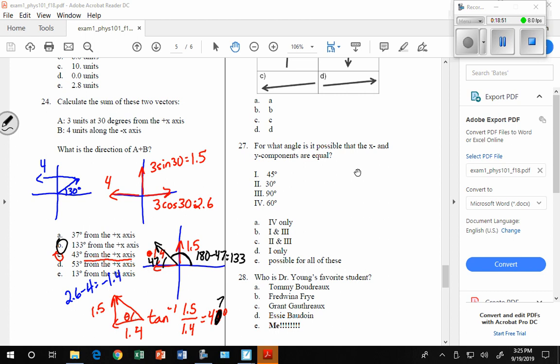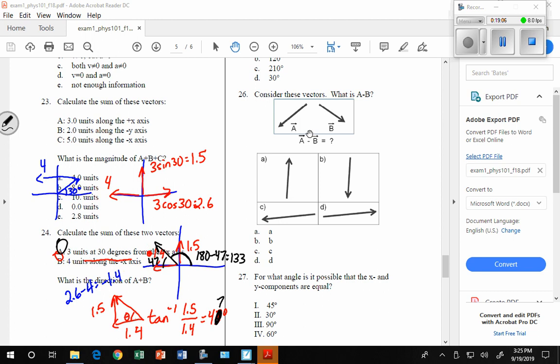Let's look at some others. You'll probably see one of these type questions where it's just a conceptual question about where this vector is placed. Knowing your quadrants will help. And you'll also see one like number 26 where I'm asking you to do the graphical analysis.